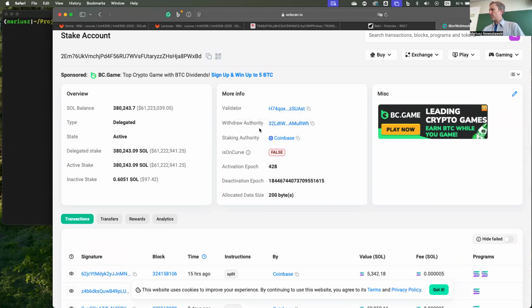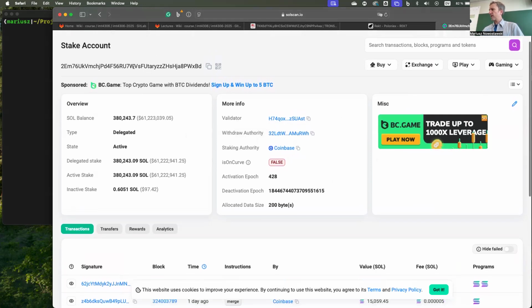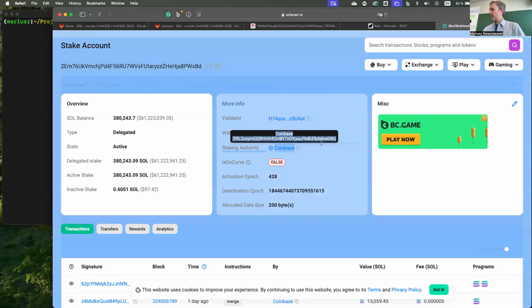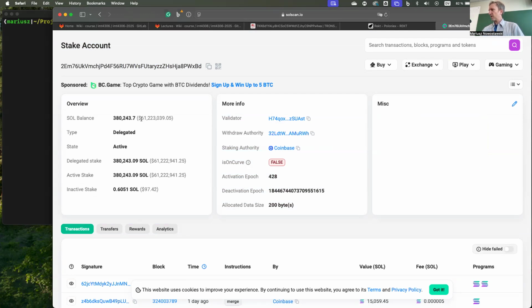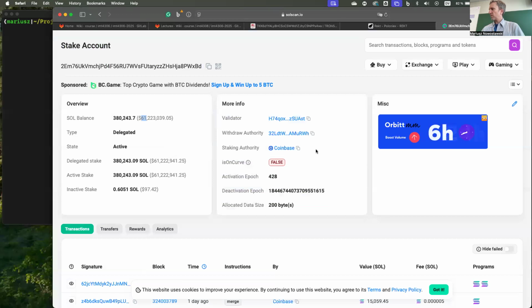So the question was who is owning this account? And the answer is here. Coinbase owns it, and it's equivalent of about $61 million, right? So Coinbase has on this account over 61 million worth of Solana, and it's a staking account.